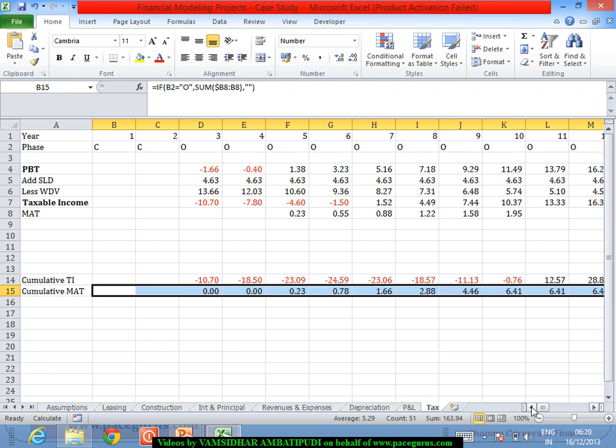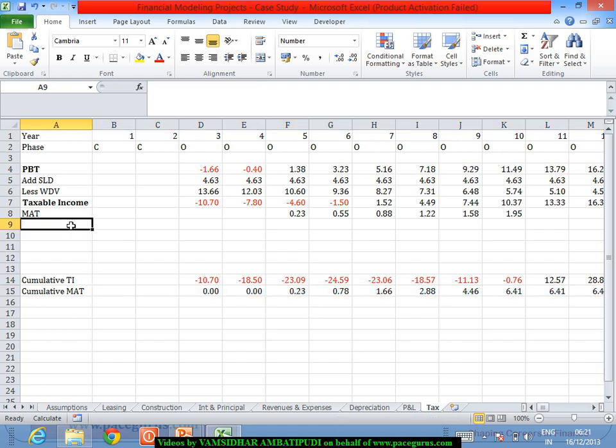So what we are now looking at is, when I compute the corporate tax now, which is based on the cumulative.